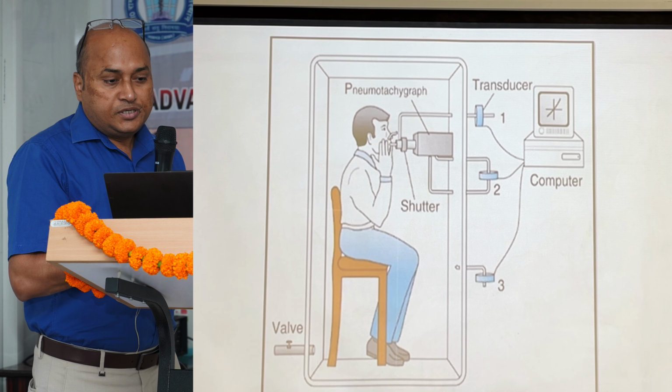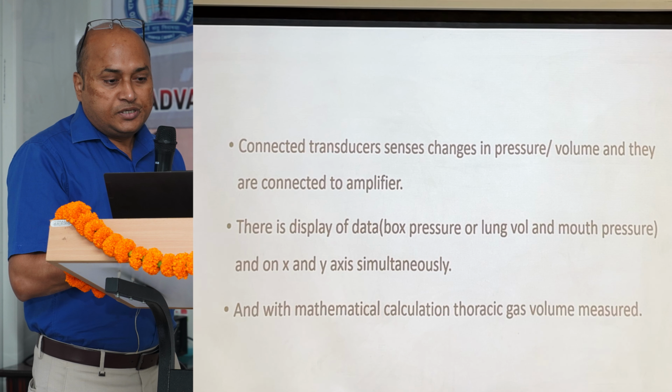We use the application of the principles derived from Boyle's law. We are not going to see how this value came; it is derived by the machine, which is calibrated from time to time. The transducers are connected to the amplifier, and the amplifier to the computer, and through the x and y axis we see the loops.